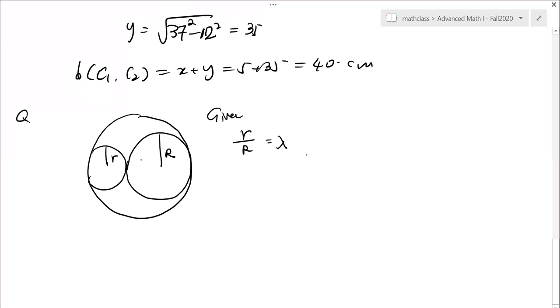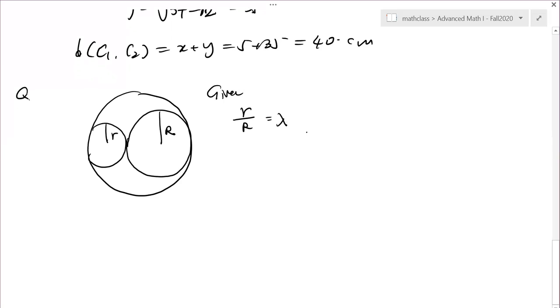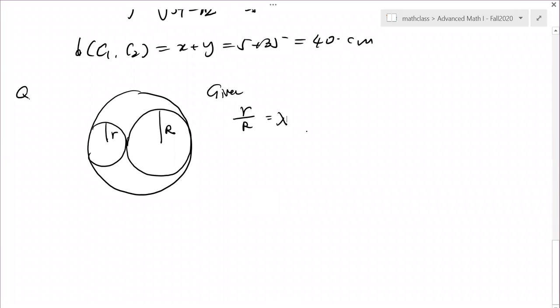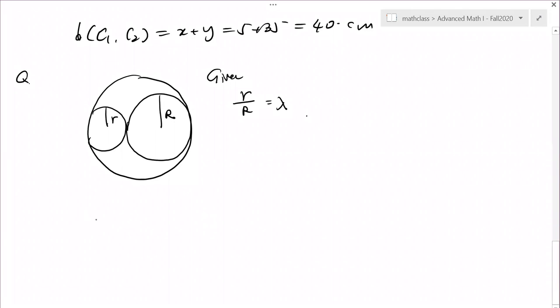What is the case when they're equal? Lambda is always between 0 and 1, right? When it's equal, so let's take a look at the special case. When it's equal, then you get these two.